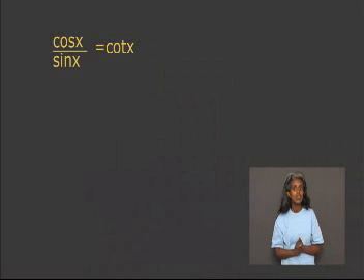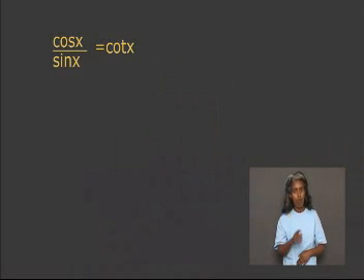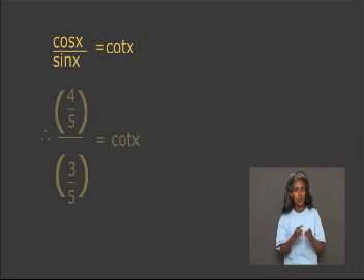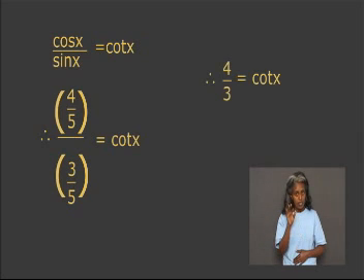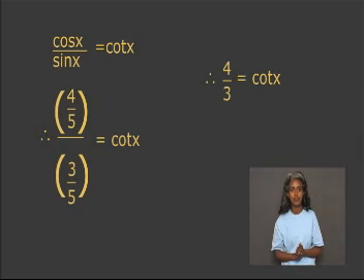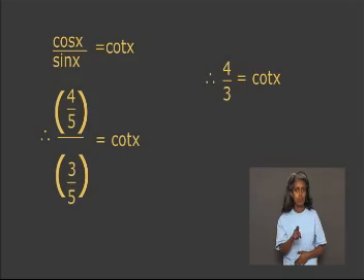Where we would normally find the answer by putting the sine over the cosine, here it is the other way around. When we divide 4 over 5 by 3 over 5, we get 4 over 3. The value of the cotangent must be 4 over 3.